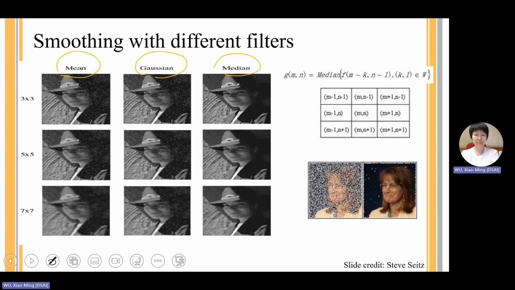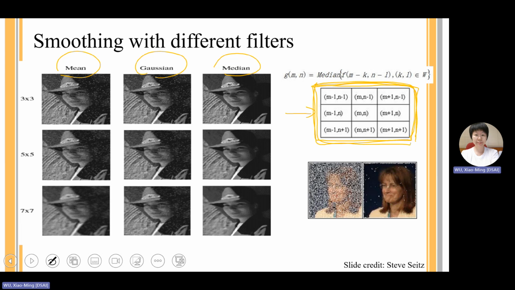Well, for the median filter, we consider the 9 numbers, and we take the median one. So there are nine numbers here, right?